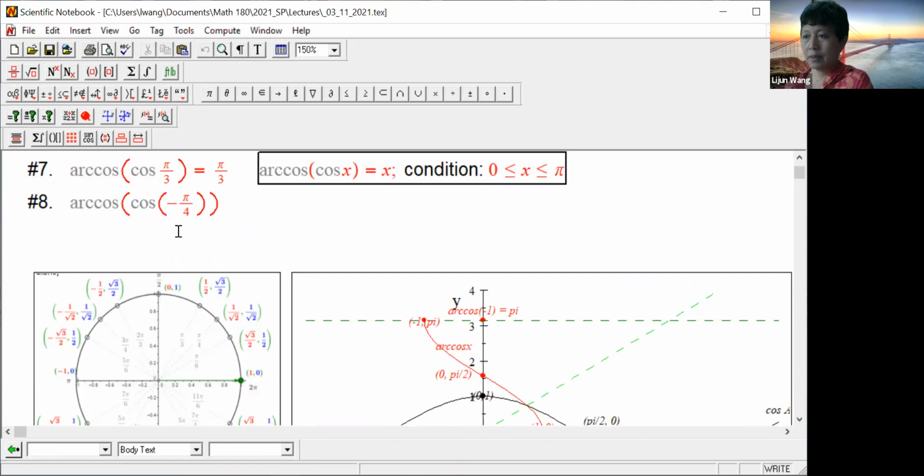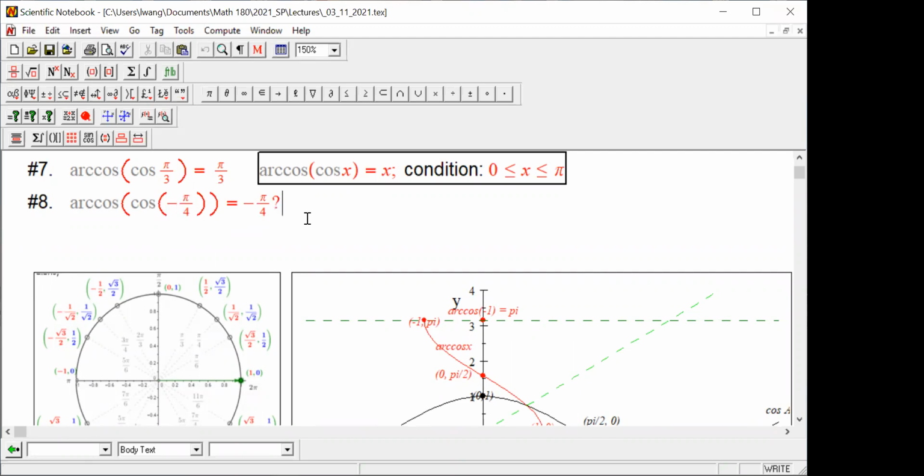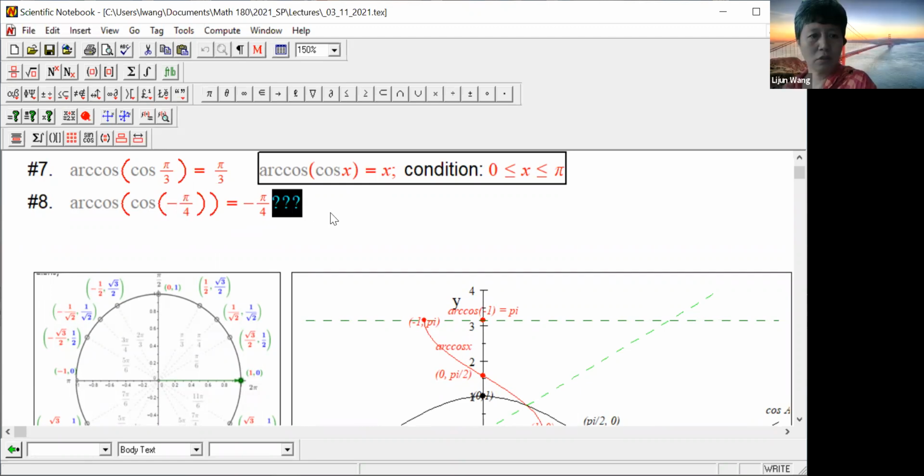How about number 8? Does this equal negative pi over 4? I got 3 pi over 4. You got a different answer. Okay, Corman says pi over 3.